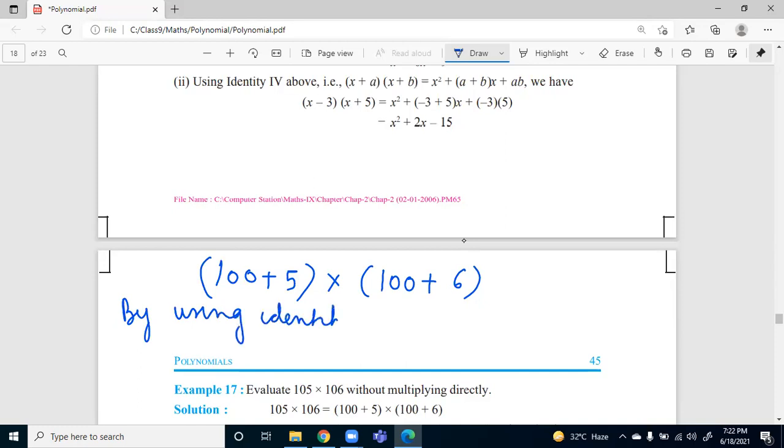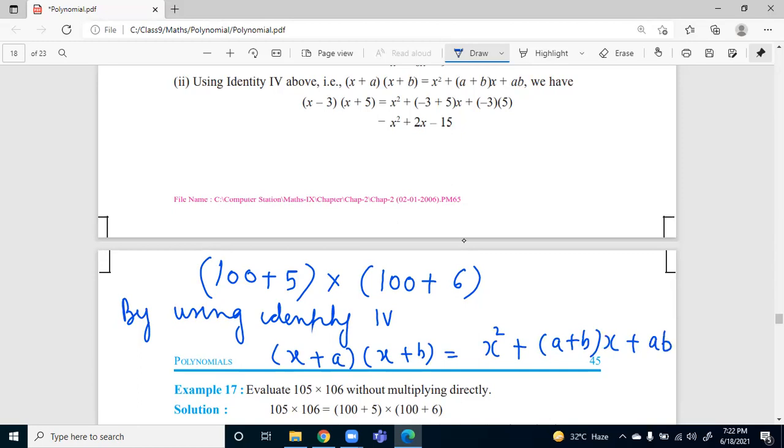So we will write by using identity 4. What is identity number 4? (X plus A) into (X plus B) is equal to X square plus (A plus B)X plus AB.